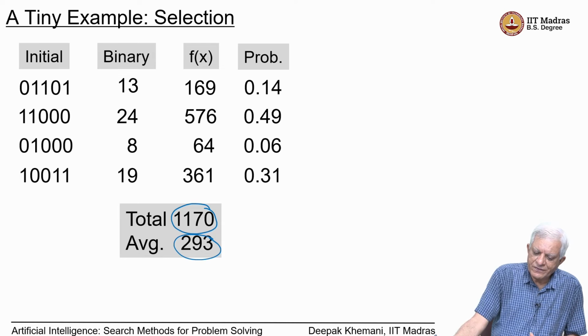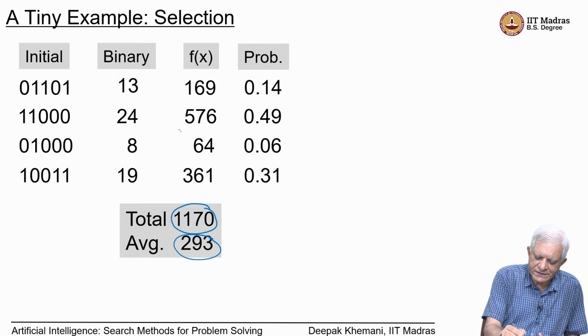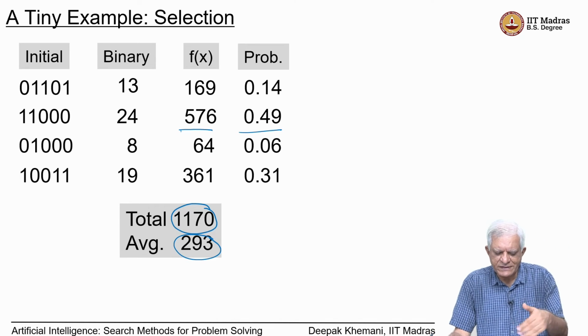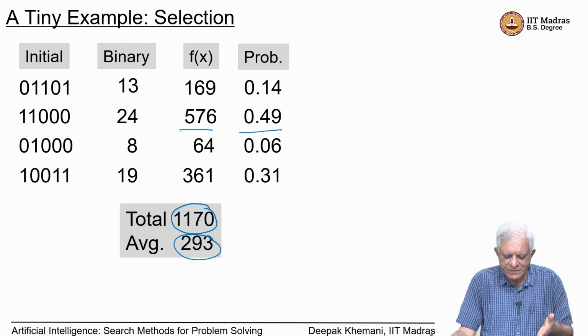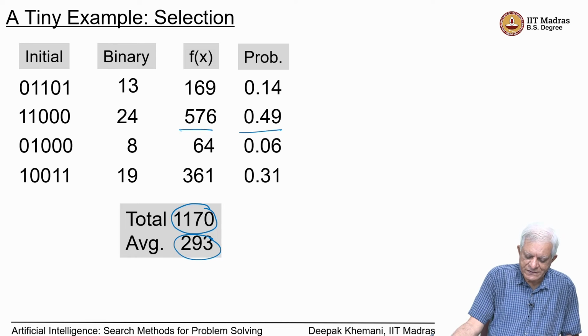So, the first step, if you remember, is selection, and that is done based on probability proportional to fitness. So, these are the probability values for those 4 candidates. You can see that the candidate with the highest fitness has the highest probability of 0.49. This is just computed by dividing that by 1170, which is the total fitness.